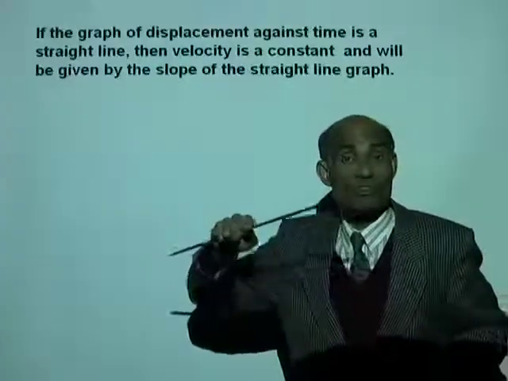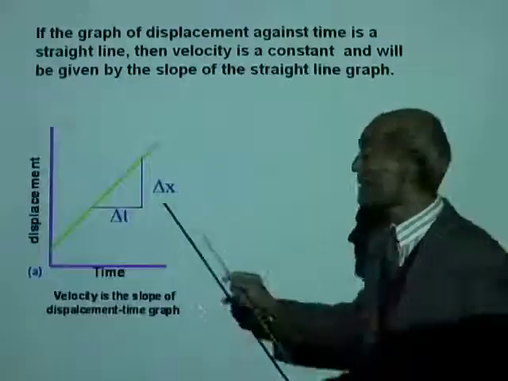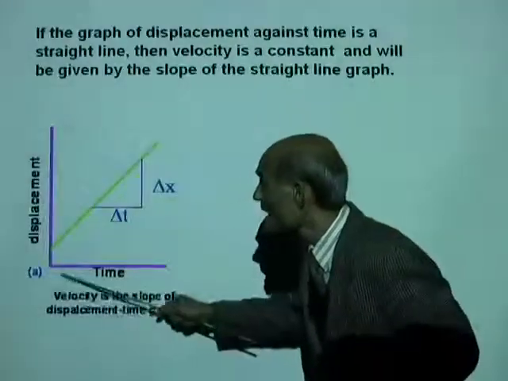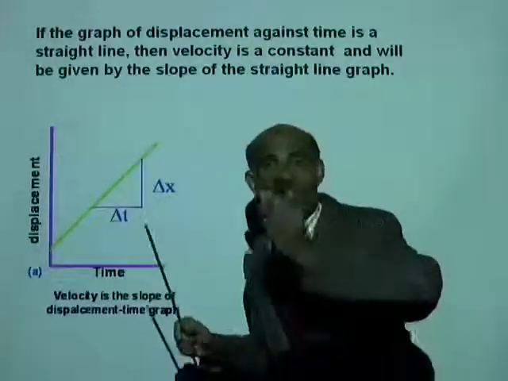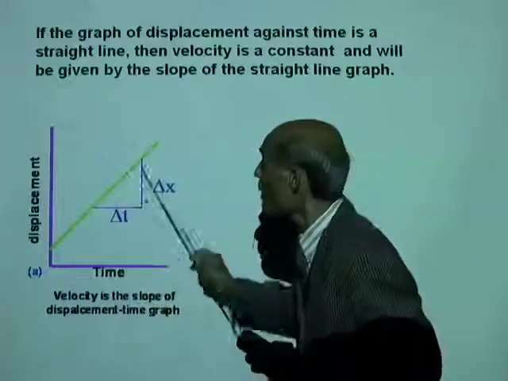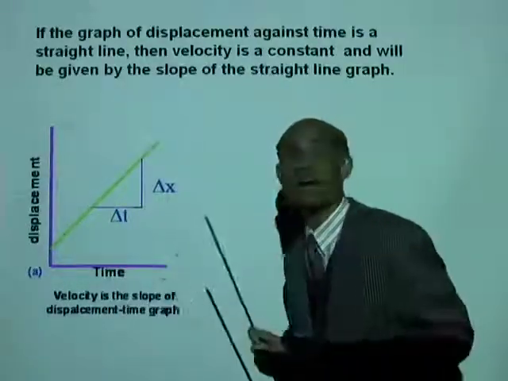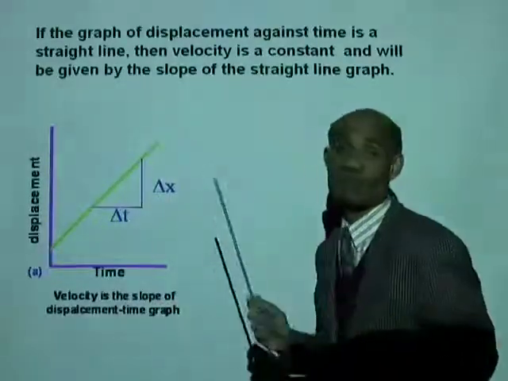You see, if the velocity remains a constant, then only the line will be a straight line. So, displacement against time will be a straight line if the velocity remains a constant. And the slope of the displacement against time graph will be a measure of the velocity.